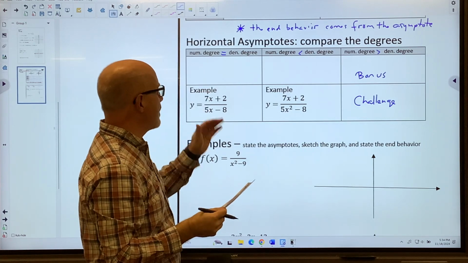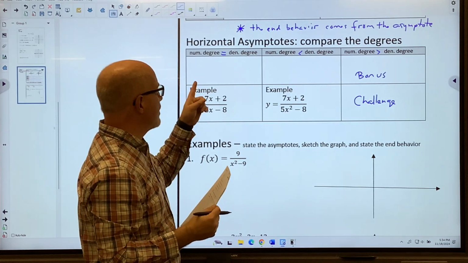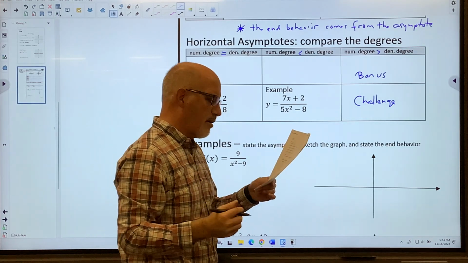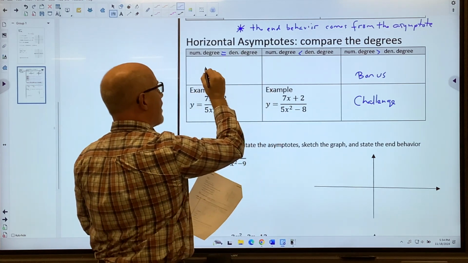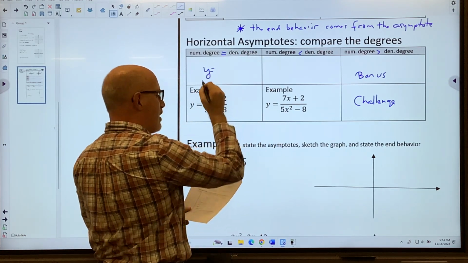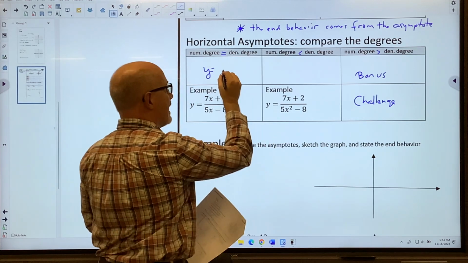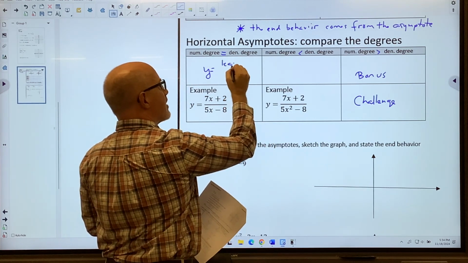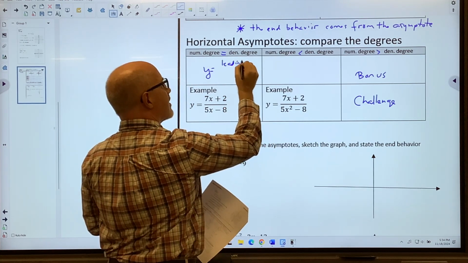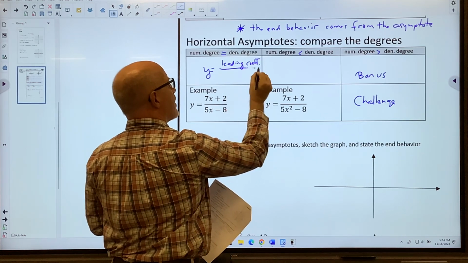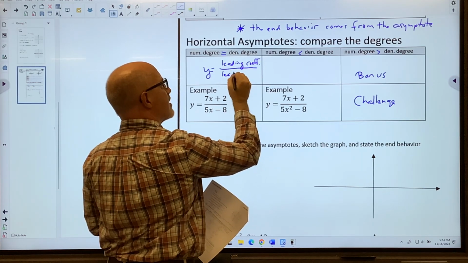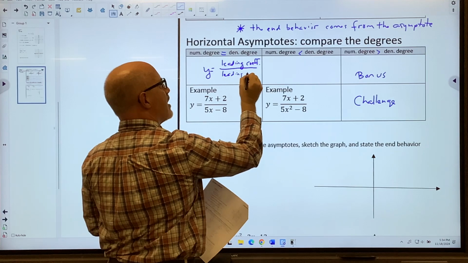Now, for this one, when we have the numerator degree equal to the denominator degree, the horizontal asymptote is going to be y equals the leading coefficient of the numerator over the leading coefficient of the denominator.